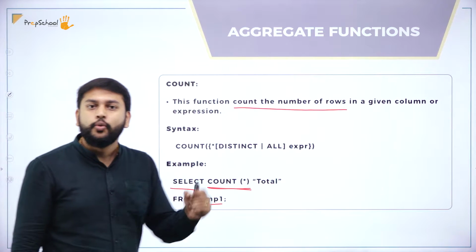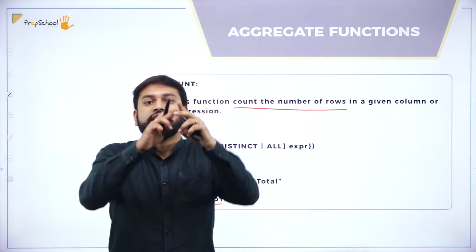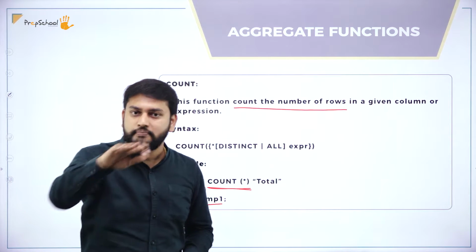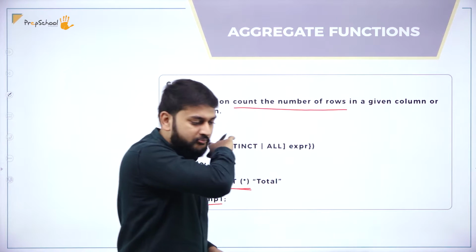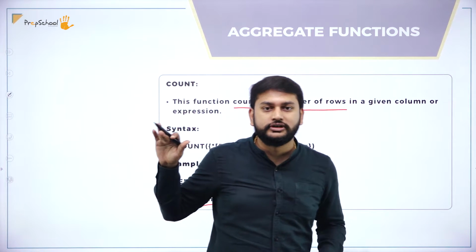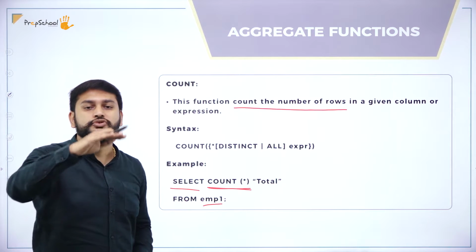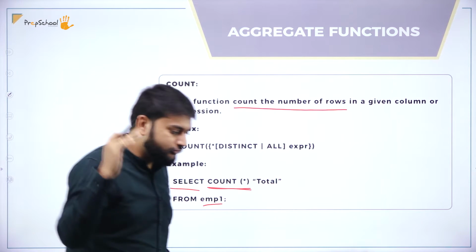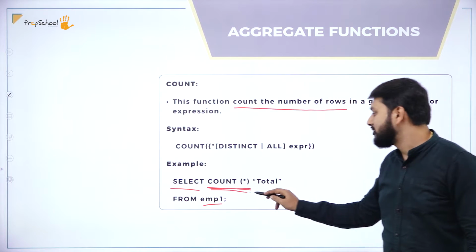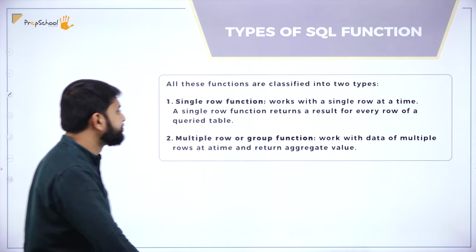Count will help me count the number of rows in the entire table. Star, in the sense, you are selecting the complete table, so all the columns you are selecting. That's what you have to understand. So in all the columns, it will count the number of rows and give you the total number of rows that you have in the table. So that's the use of the count function. That is what you have to remember.